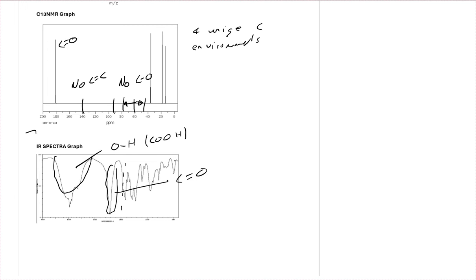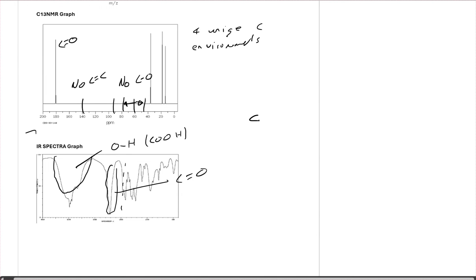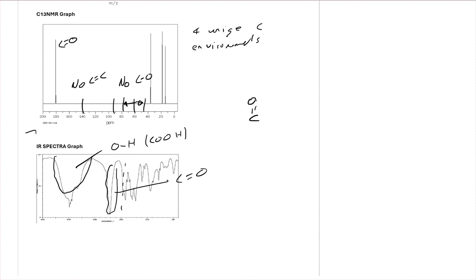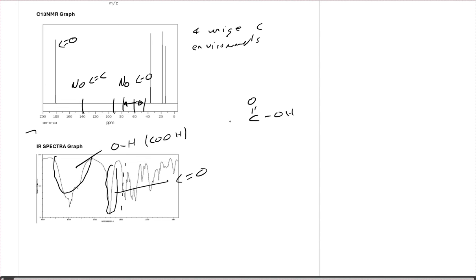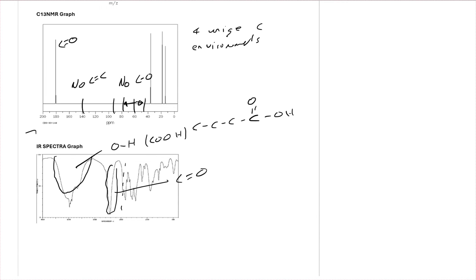So an OH carboxylic, so we must have a carboxylic acid functional group, plus we've got 4 carbons. So let's put those in. I always start with the simplest one.